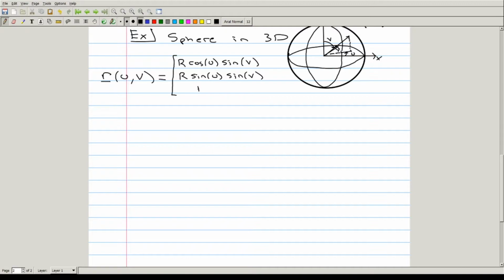And z is r cosine of v. And this is in the range for u and v: u between 0 and 2 pi, and v between 0 and pi.